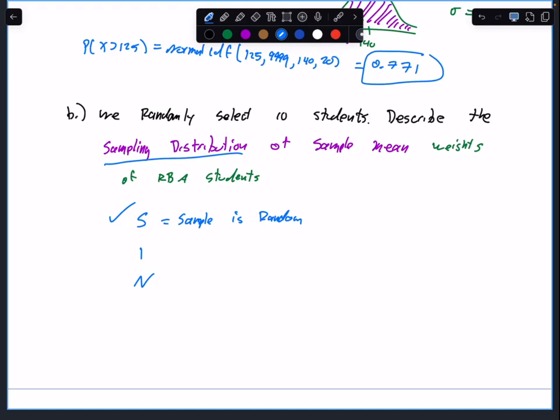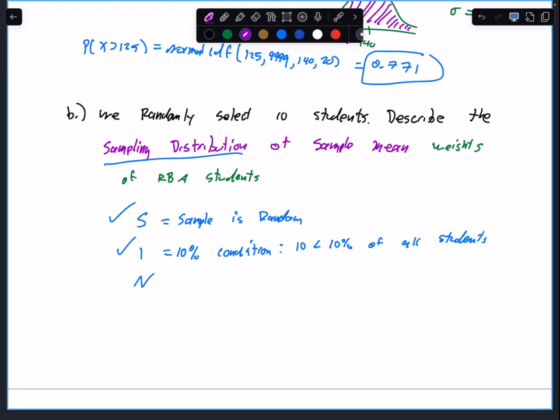Agree? Next is the 10% condition. 10 is less than 10% of all students. So we have to have less than 10%, and that's a check.